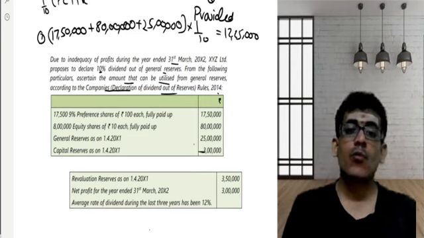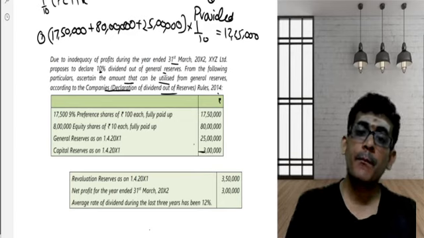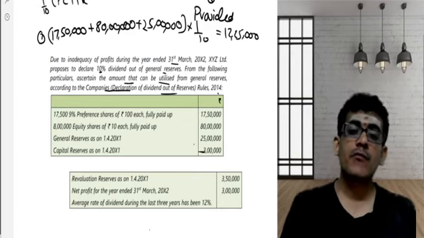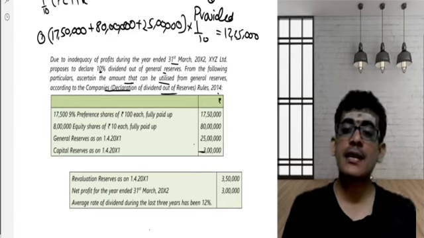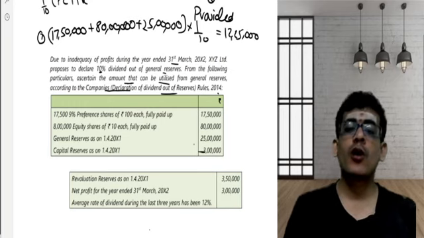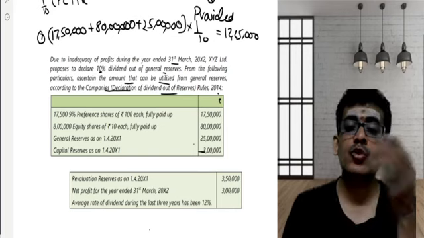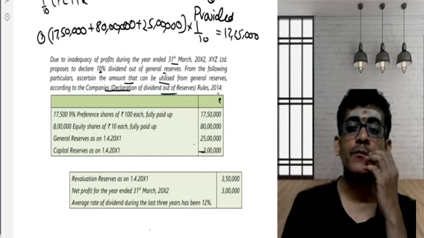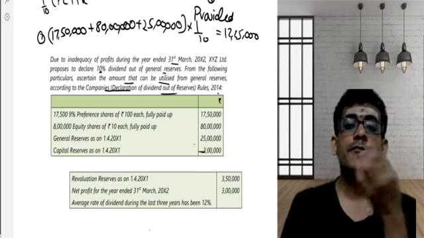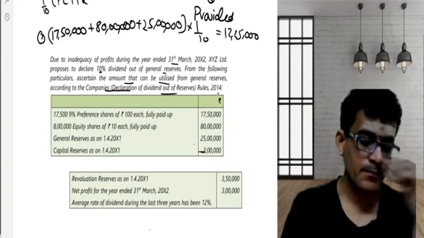That's one thing. Then what it says is, after withdrawal, your balance of reserves should not fall below what? Below 15% of your paid up capital.